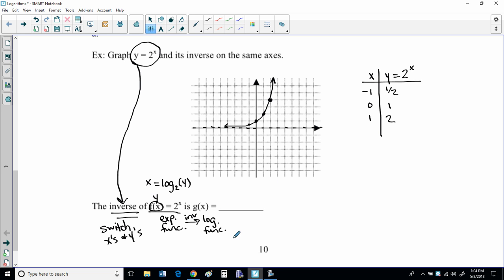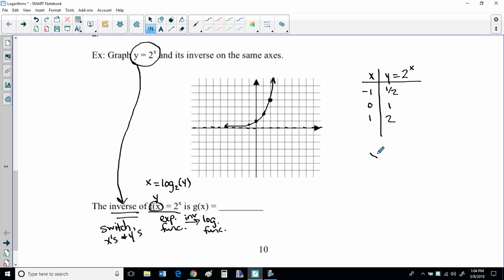Now that's the output and the input. That's how you figure it out with numbers, but now we've actually inverted it. The values become inverted, but they're now our new x's and y's.